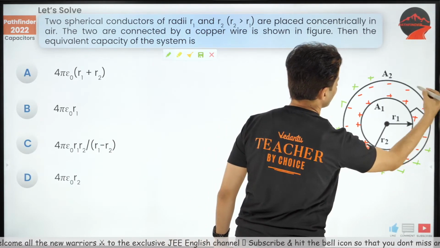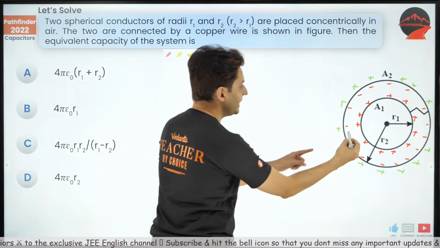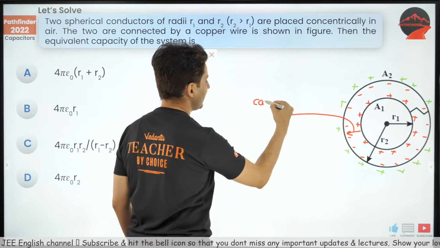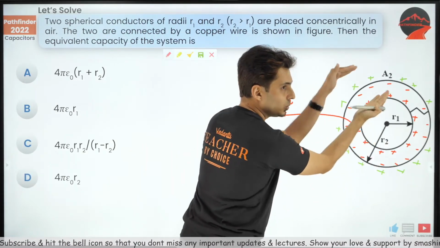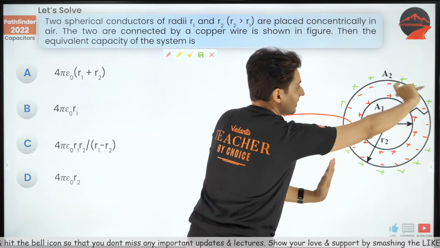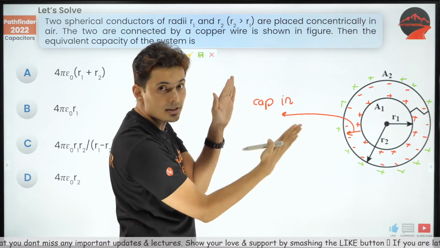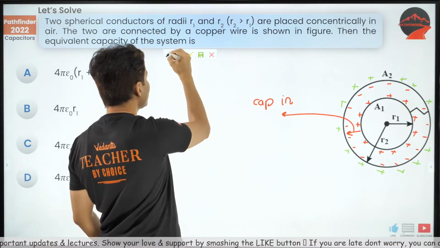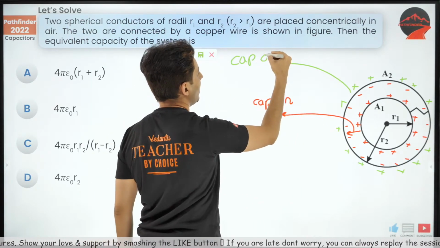Now do you see there is a field inside? That means there is a capacitor inside, between these two surfaces. This is one capacitor, the red one. Oppositely charged, a field is there, energy is stored in the field. So that's one capacitor. And there is another capacitor outside.